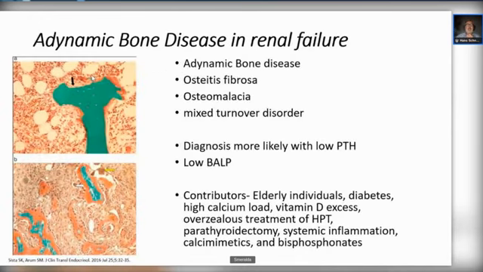This shows you adynamic bone disease and osteitis fibrosa in renal failure. The upper slide shows you in green calcified bone, and there is very little of this dark red material, osteoid that is not yet calcified, around it. The black arrow shows that the osteoid is missing there.